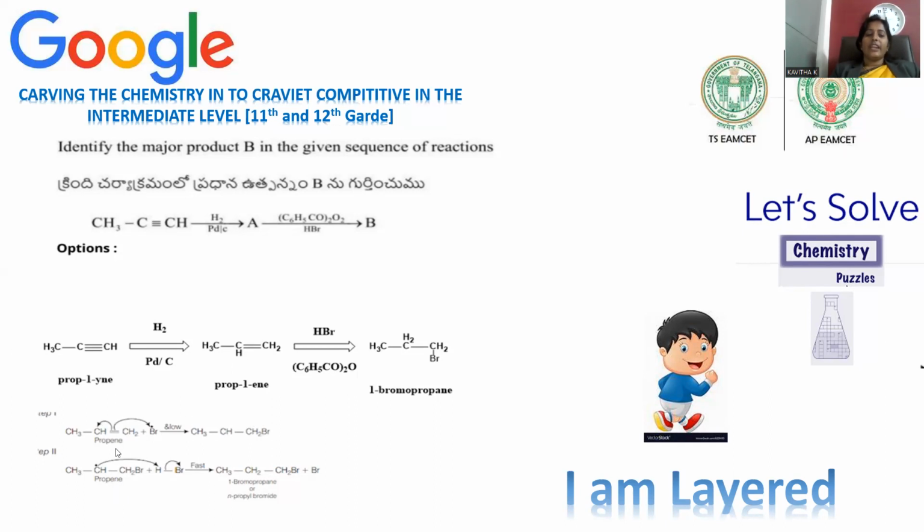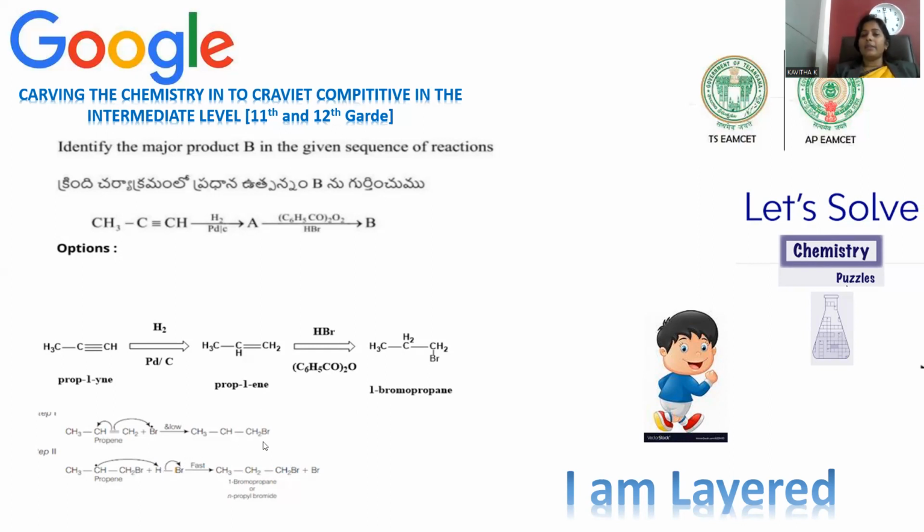Later on, H radical will be added, so that CH3, CH2, CH2Br will be generated. So this is the reason why the stability of intermediate is the driving force in this reaction, right? The mechanism proceeded with the free radical, and benzoyl peroxide is a homolytic fission facilitating initiator, so that entire mechanism is homolytic fission. Free radicals will be generated.